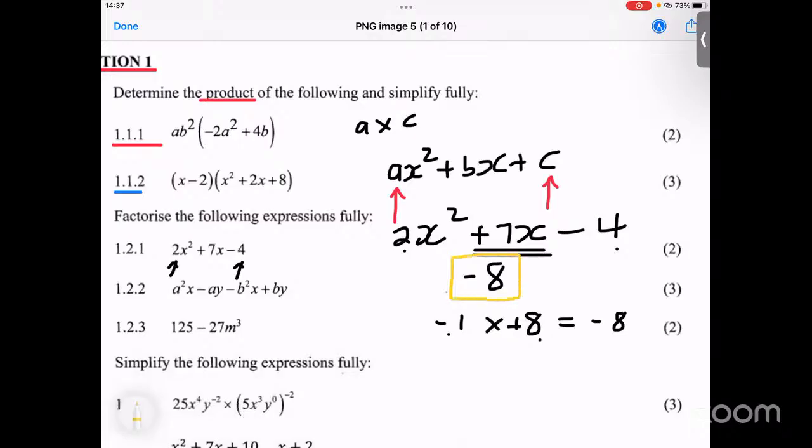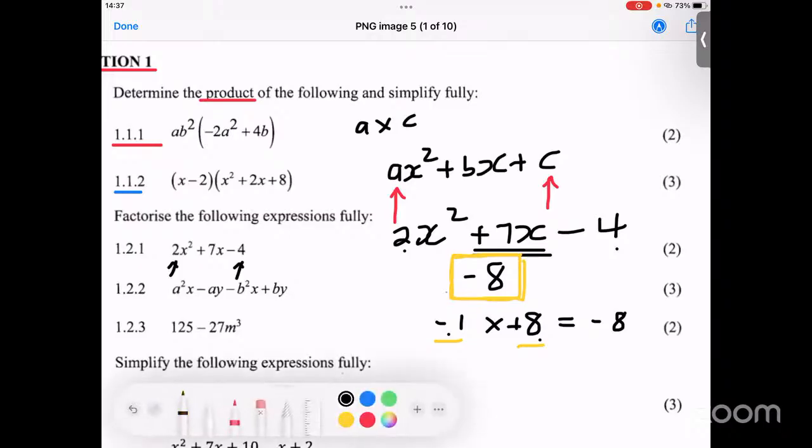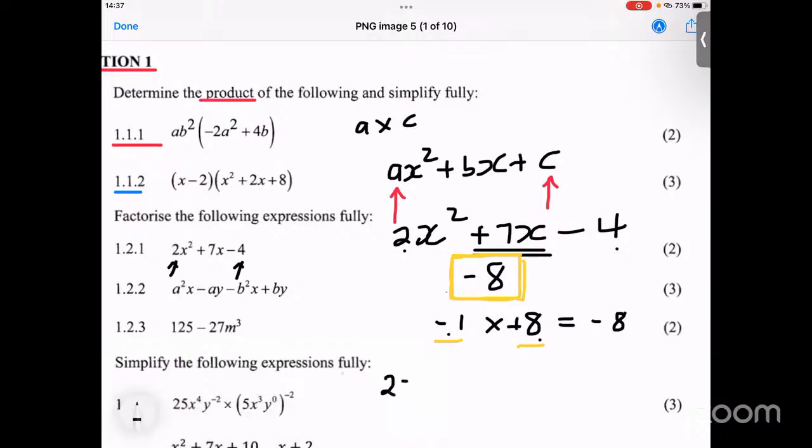Because the main aim is for you to have the factors of this, of which those two can somehow be manipulated in order to give you the middle term. So let's see. That means we can say we've got that 2x squared. Let us see.